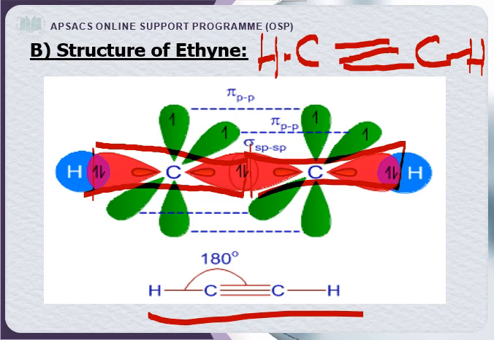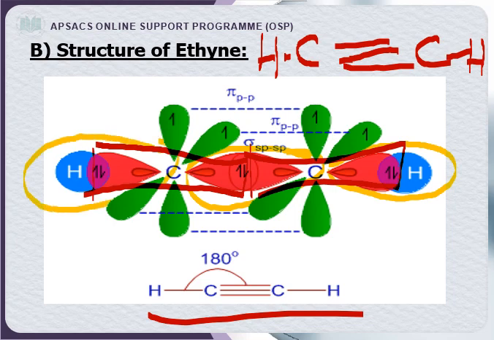Now the two carbons have overlap of their sp hybrid orbitals in the center. Here it is given. Look at this. This is called sp to sp overlap, and it is also a sigma bond which is formed. The second overlap is between one of the hybrids of one carbon and the hydrogen atom with its symmetrical s orbital, while on the other side also there is an overlap between the s orbital and the sp hybrid orbital of the carbon atom.